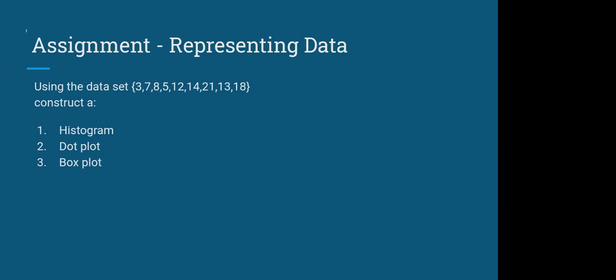And I'll just show you what the dot plot will look like, because there are no repetitions in the data. So the dot plot would just be a straight line. So it is 11:08. I am going to give you until 11:15 to do the histogram and the box plot for this set of data. And then I'll show you what it should look like.